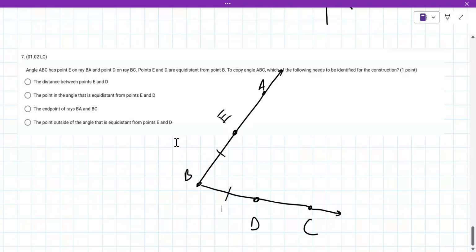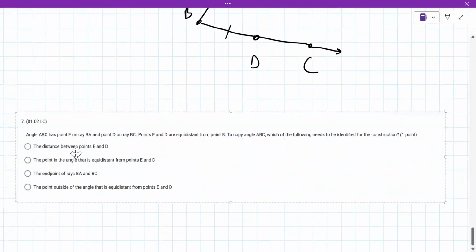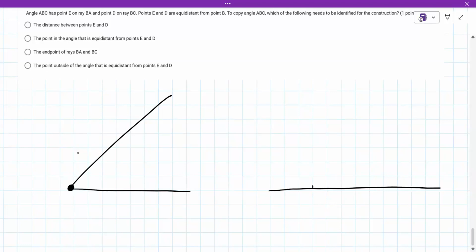So let me just talk about how to actually copy an angle, because I don't think this picture is all that helpful at the moment. Let's just say you wanted to copy this angle. You would start by drawing a line over here on the right. And then this point right here, you just say that's that point. And then you would swing an arc like that, and you would swing the same arc like that.